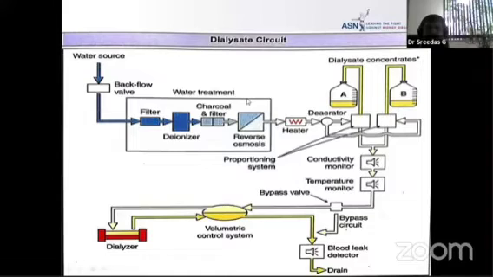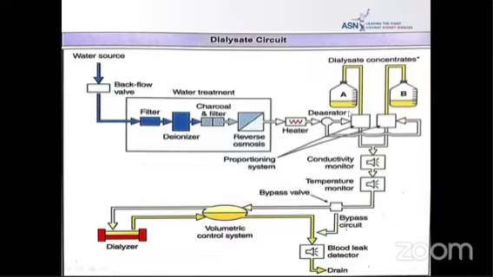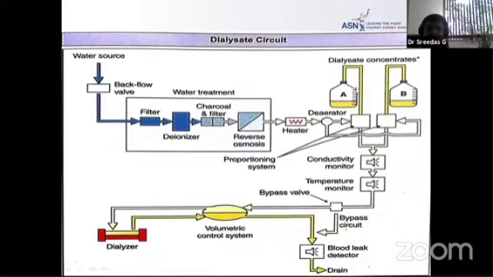And obviously we know the water treatment plant, the components of it. Then after that, the treated water goes to a heater, and the treated and heated water goes to a deaerator, where the air is removed, and then it comes to the proportioning system or the proportioning chamber, where we nowadays use the bicarbonate solution with bicarbonate dialysis, not acetate dialysis.